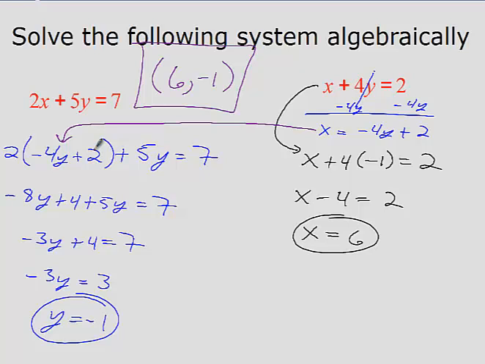Well, I can go 2 times 6 is 12, minus 1 times 5 is negative 5, 12 minus 5 is 7. That checks. 6, 4 times negative 1 is negative 4. 6 take away 4 is 2. Oh, hey, 6, 1, negative 1 is my answer. Done, moving on. If it doesn't work for both parts of the system, it can't work for the total answer, so just check it.